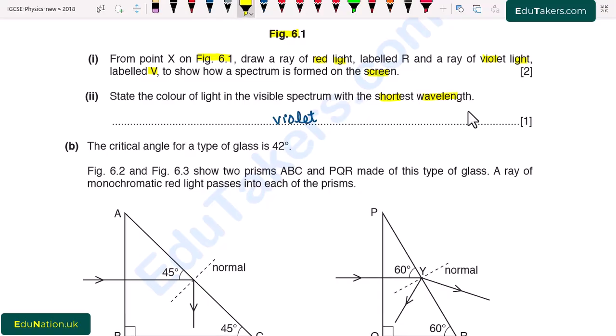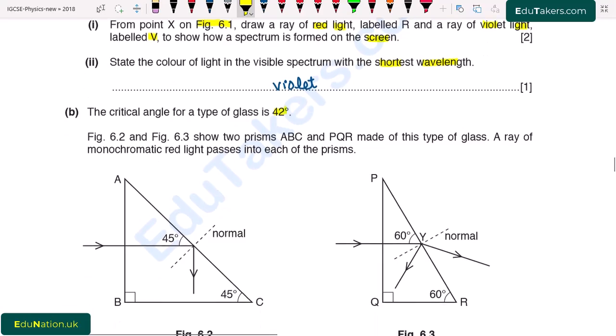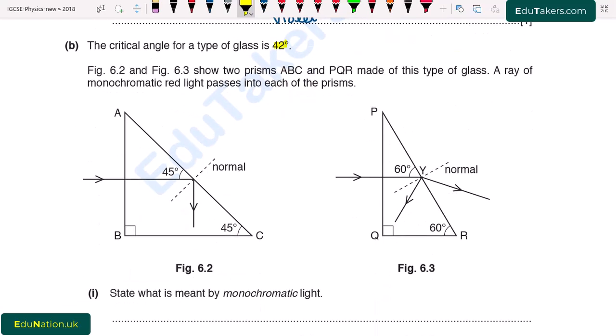Part B. The critical angle for a type of glass is 42 degrees. Figure 6.2 and figure 6.3 show the two prisms ABC and PQR made of this type of glass. A ray of monochromatic red light passes into each of the prisms.